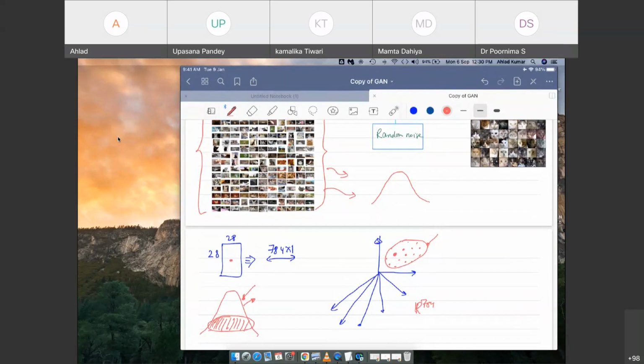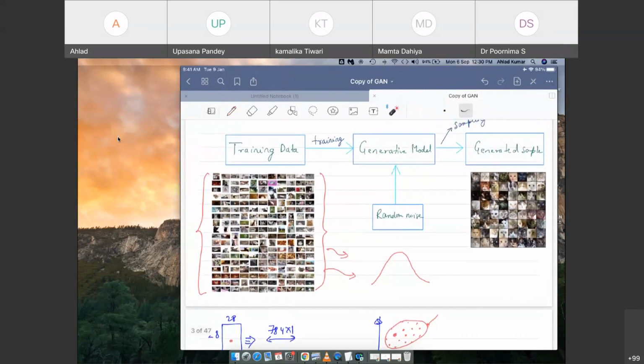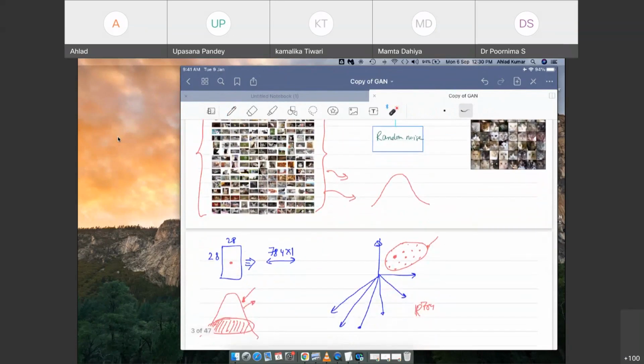Now the important thing is, what is the objective of this generative model? The objective is to come up with this distribution, let us say D, and to estimate this D. This D is the projection of a higher dimensional Gaussian distribution onto the plane, so you can understand what I'm trying to say.